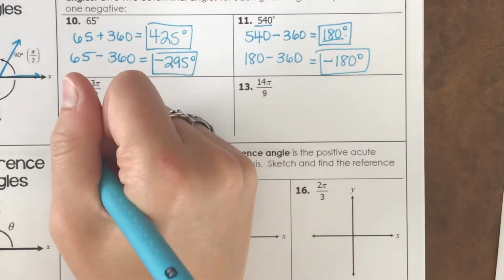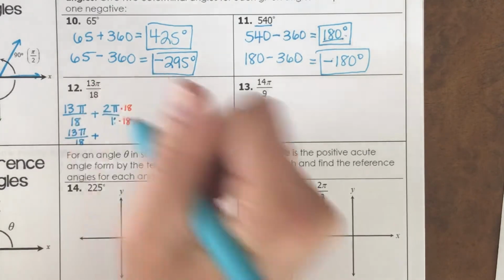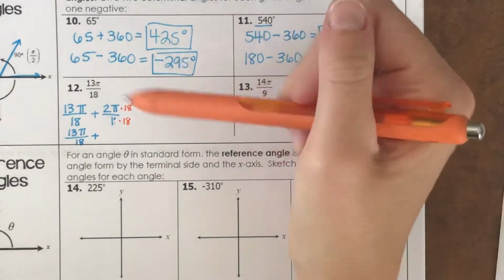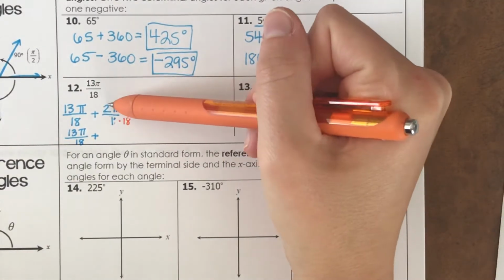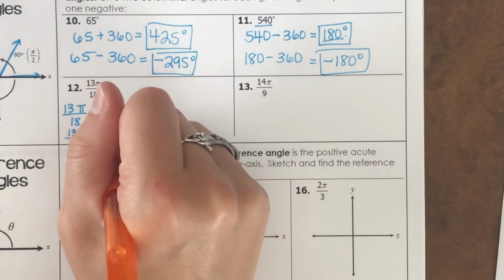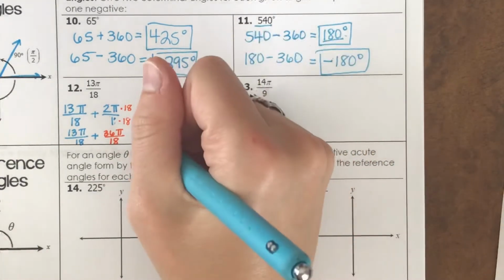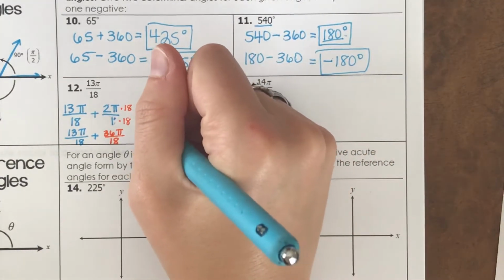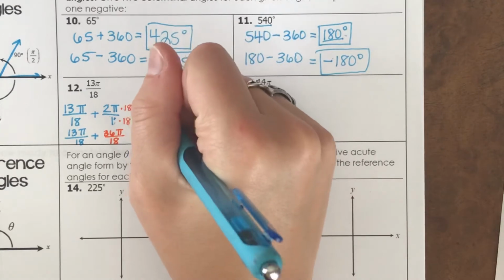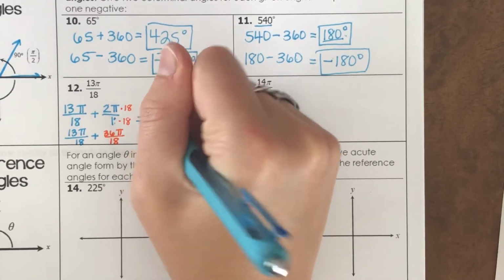So I end up with 13 pi over 18 plus, if I multiply 18 times 2, I get 36 pi over 18. All right, so if I add those two together, my coterminal side is going to be 49 pi over 18.